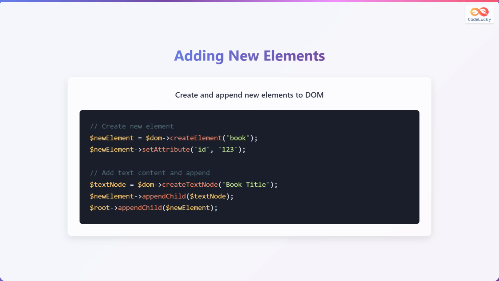To add text content to the element, create a text node using the createTextNode method, passing the text content as an argument. Append the text node to the new element using the appendChild method. Finally, append the new element to the root element or any other appropriate parent element using the appendChild method. This process allows you to dynamically build and extend the XML structure.